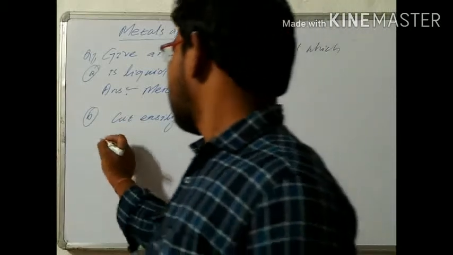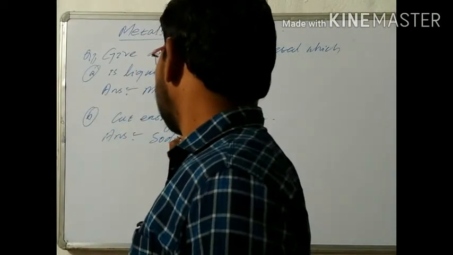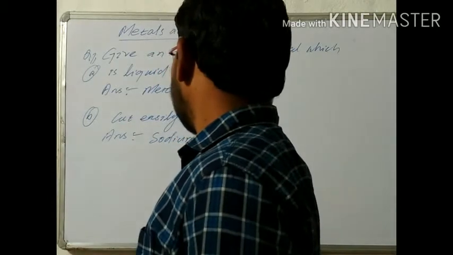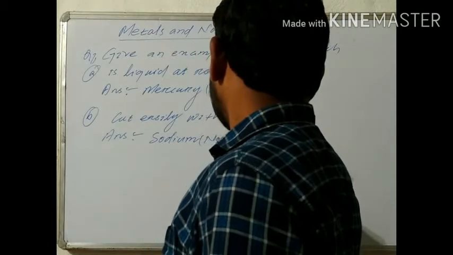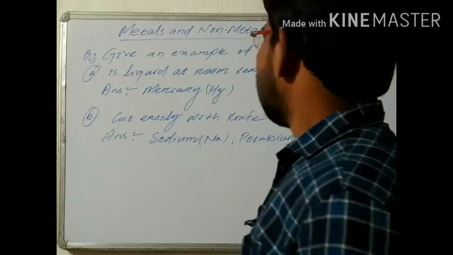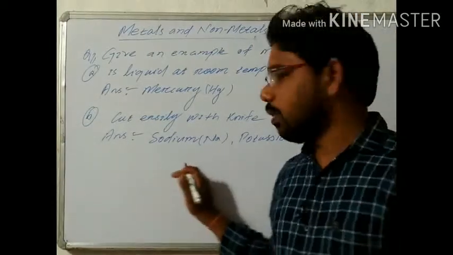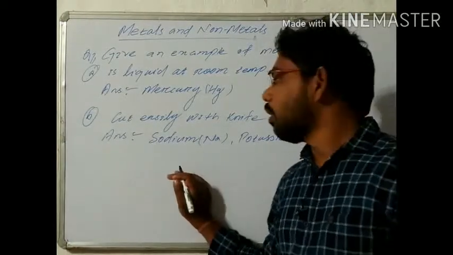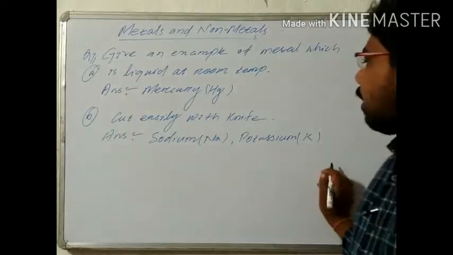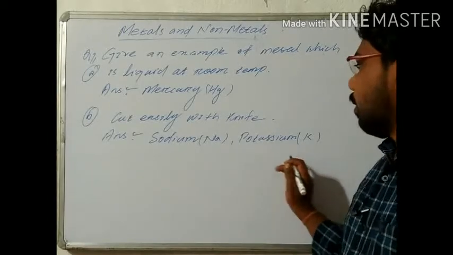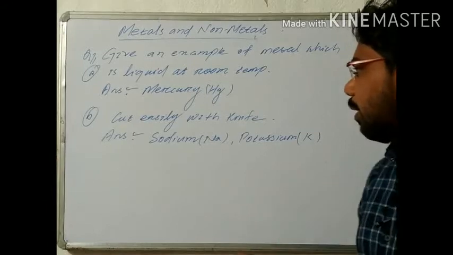The answer is sodium, Na, and potassium also, K. Sodium and potassium, these two are soft metals found in group 1 of the periodic table. And these two are called alkali metals, and they can easily be cut with the help of a knife.